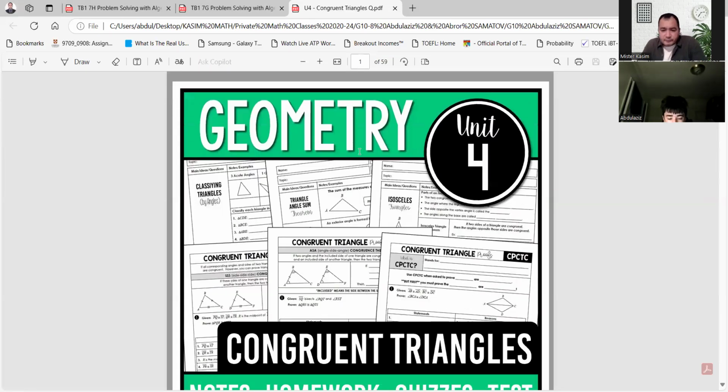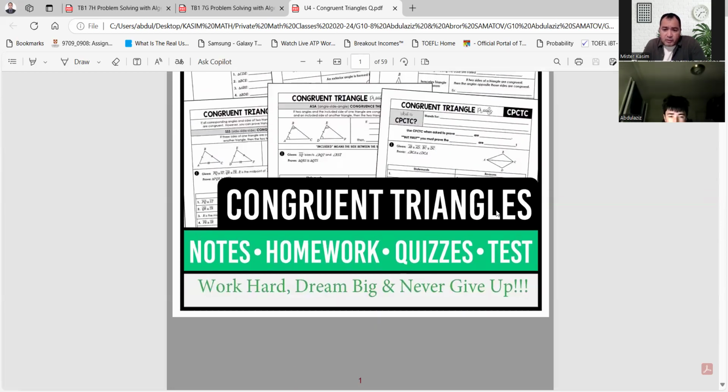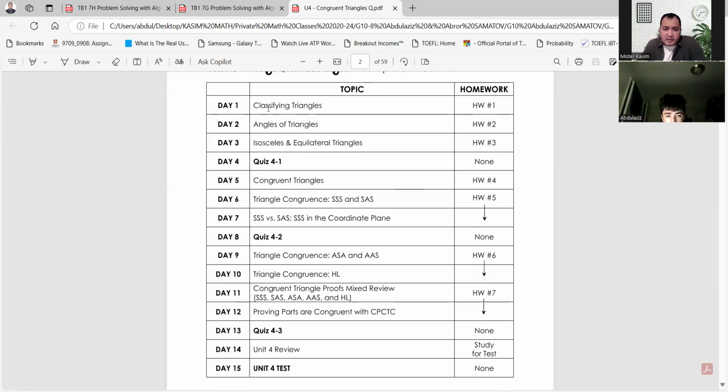Okay. Now, can you see my screen? Yeah, this is unit 4, congruent triangles. So what do we have here? Here we have classifying triangles, angles of triangles, isosceles and equilateral triangles, and congruent triangles, triangle congruence, side angle side, and side side side, SSS.